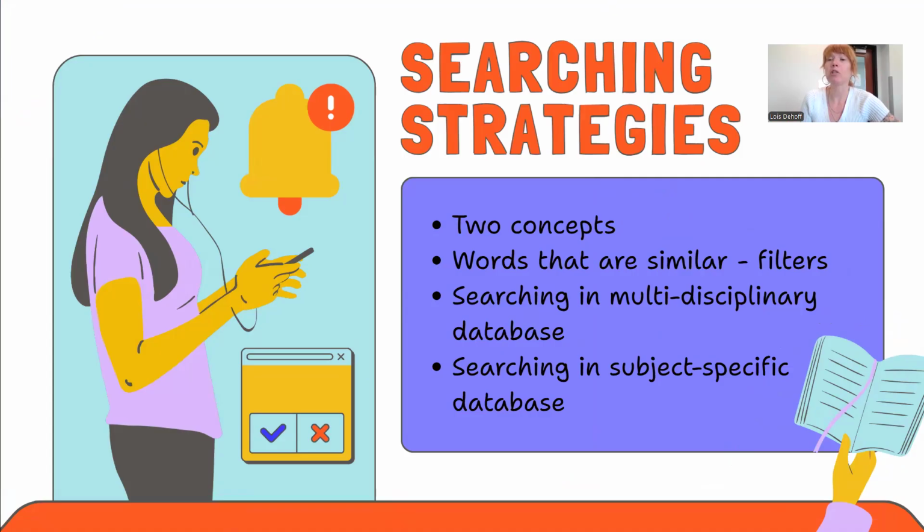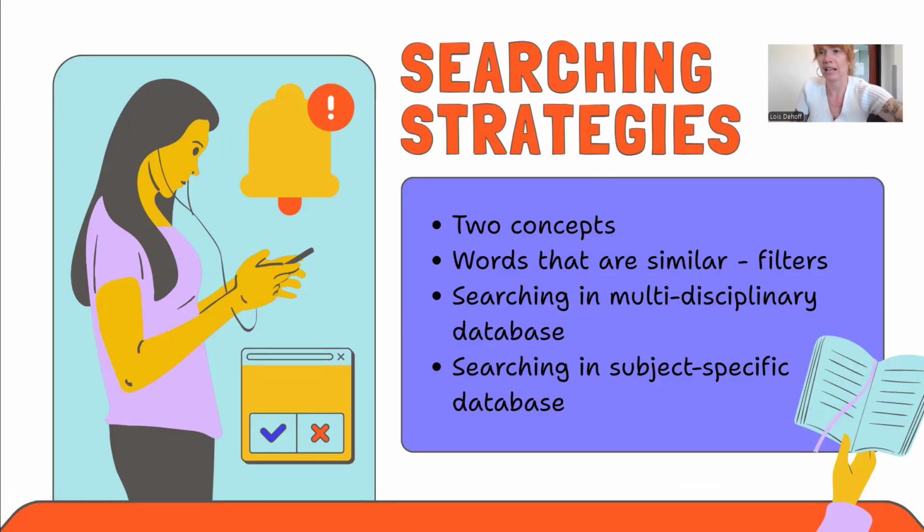Next, we're going to use similar words, but we're going to apply different filters to the research process. We're going to begin with Start with Discover, but then we're going to move to Academic Search Complete, which is a multidisciplinary database. And then finally, we're going to look at a subject specific database, which for this one is going to be Business Source Complete.